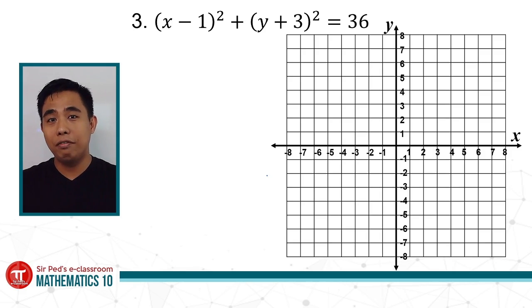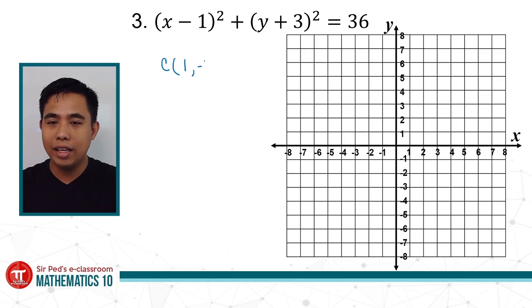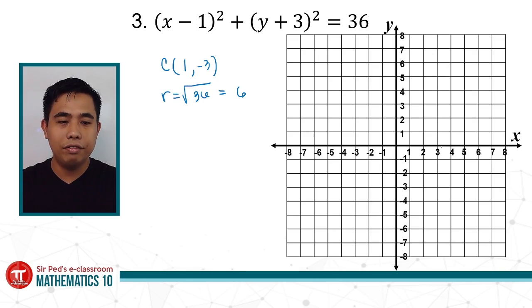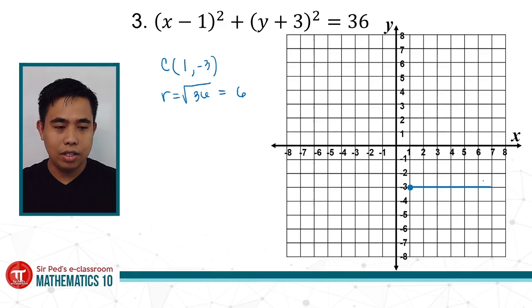Let's have our third example. So, naka-standard form pa rin. So, center is at 1, -3. And then the radius is equal to the square root of 36. That is 6. So, locate 1, -3. So, 1, -3 pababa. Yun. So, that's the center. Count 6 units pa right. Yan. Count 6 units.